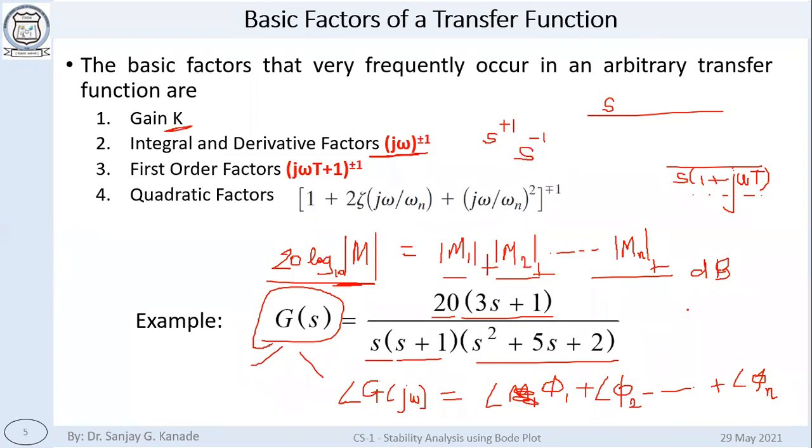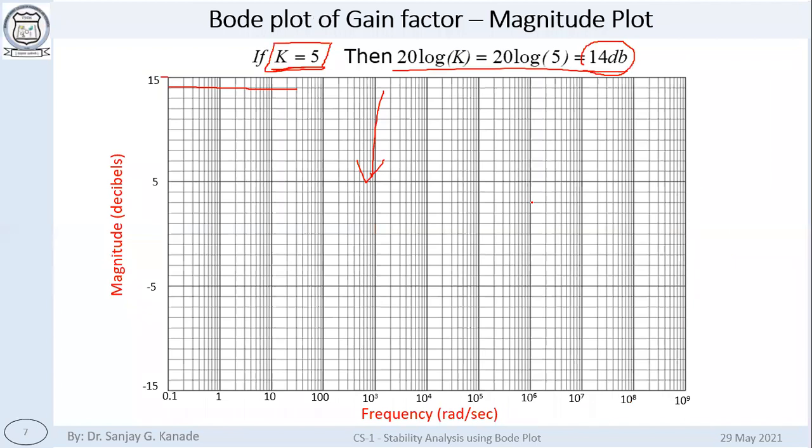So if I am adding increased value of gain K, what will happen? Whatever the graph, let's say this is a Bode plot. And if I increase the gain, what will happen? The same curve with the same shape will just shift upward. The shape of the curve, everything else will remain the same.